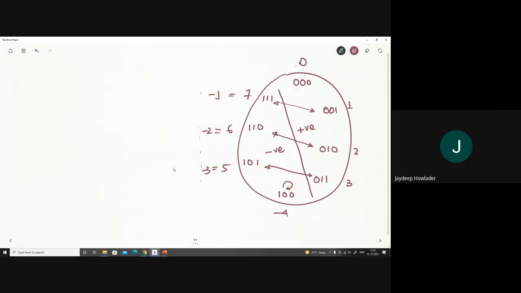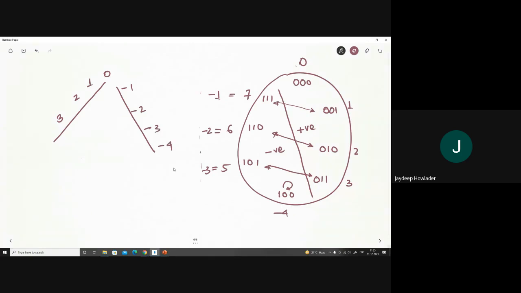So I am able to map the numbers which run from 0, 1, 2, 3, and then -1, -2, -3, and -4.